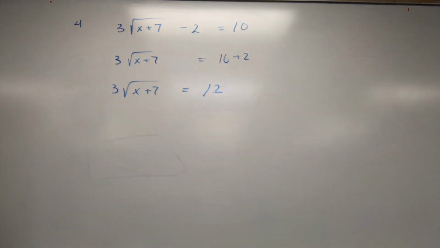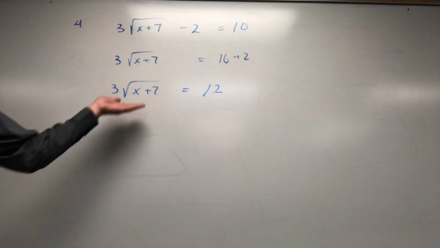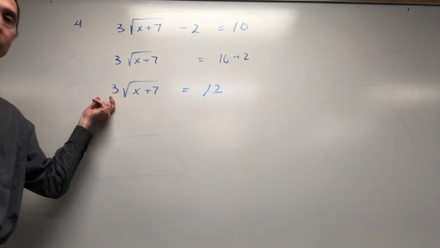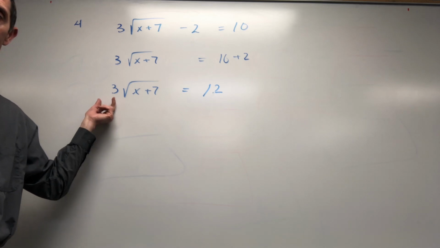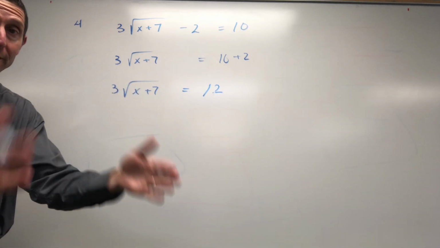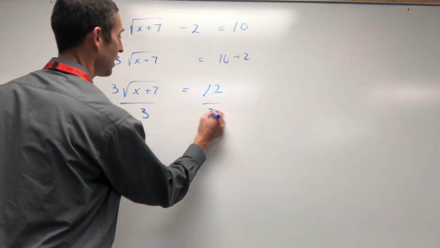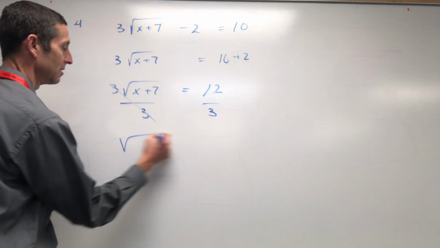Okay, so 10 plus 2 gives me 12 on the other side. I still want this square root all by itself, and the 3's hanging out in front. So if your square root's been multiplied by 3, the opposite would be to divide by 3. So divide by 3, knock that out.